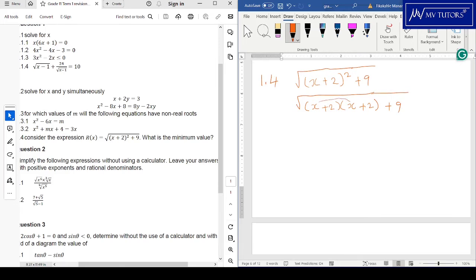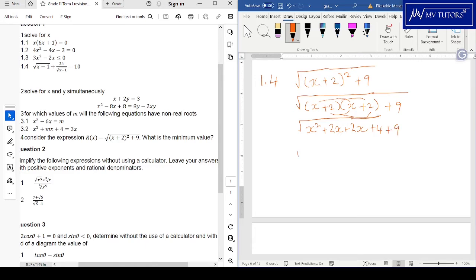And then it's going to be x times x, which gives me x squared, and then x times 2 is plus 2x, and then 2 times x is plus 2x, and then 2 times 2 is plus 4, and then I have plus 9.